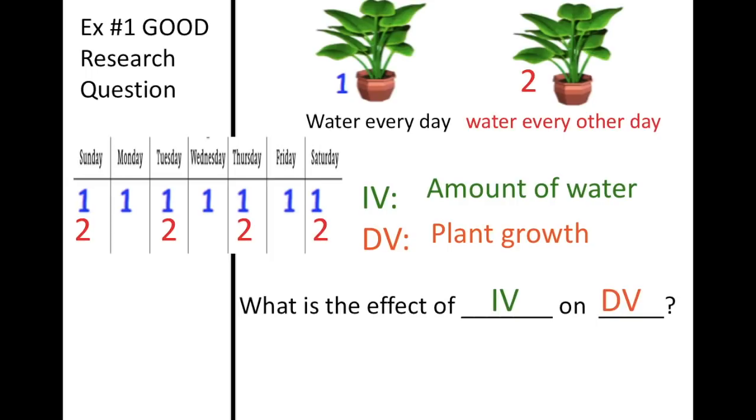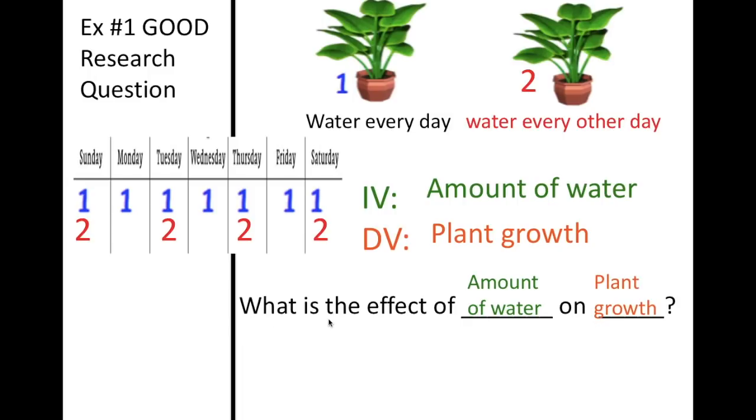Now, the research question, remember, can be in two different formats that we're learning. So what you want to do is use this format: what is the effect of, and we know that our independent variable is the amount of water, so we're just going to put that right there. And for the dependent variable, we just put plant growth right in that spot.